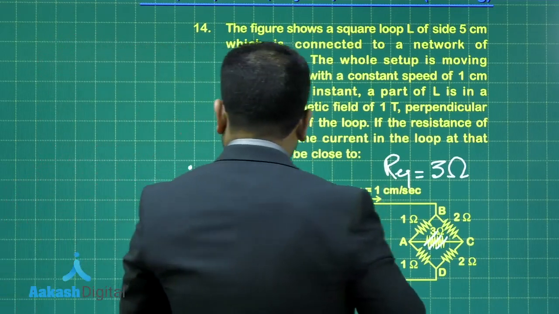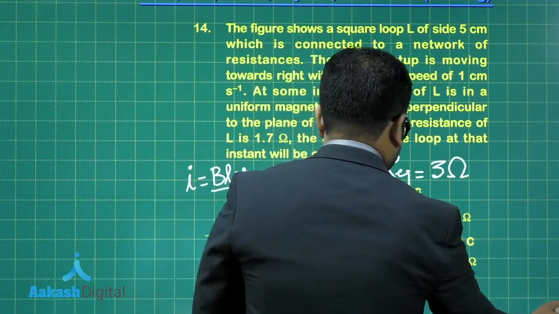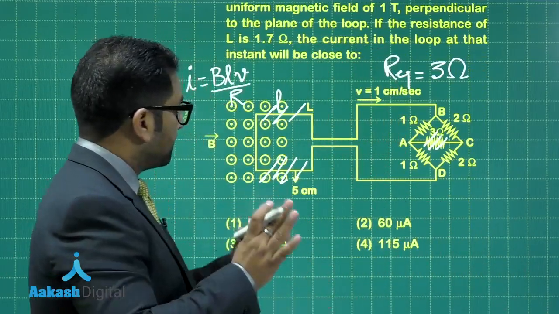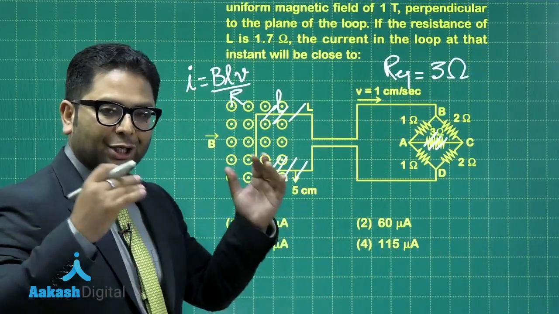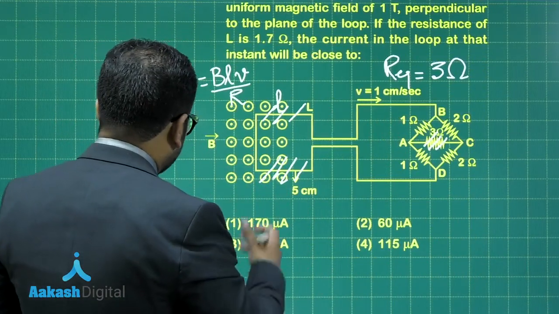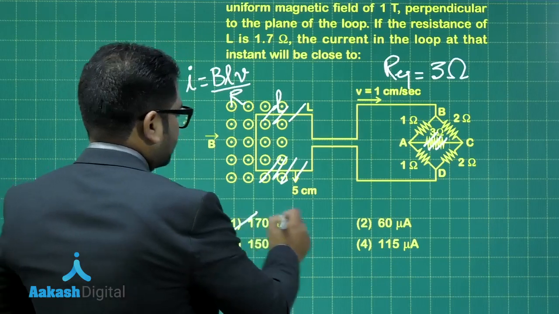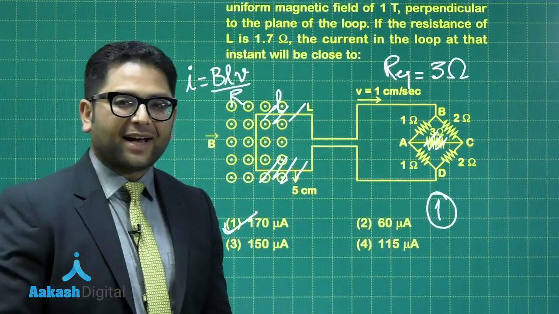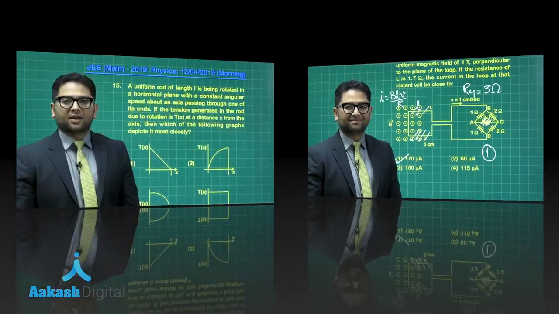And after we did this, the value of current that you calculate would be 170 microampere. Be a bit careful in terms of unit. You need to keep that presence of mind. And if 170 microampere is the answer, first option has to be the correct one. Fine, let's move to the next.